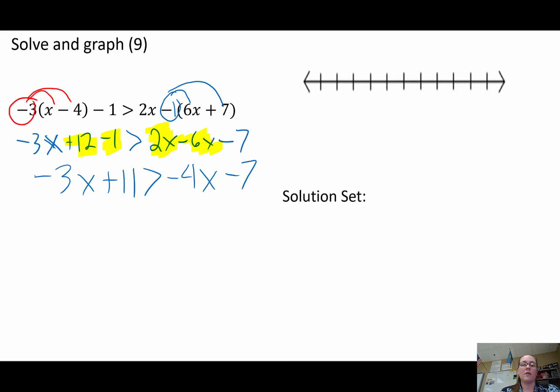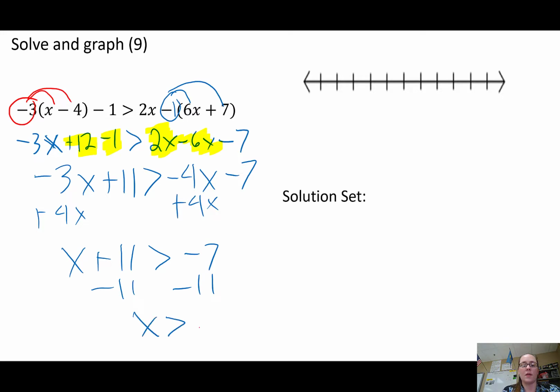Move my smallest variable over, so I'm going to add 4x, giving me x plus 11 is greater than negative 7, minus 11 on both sides, and I get x is greater than negative 18. Okay, so at negative 18 on my graph, I'm going to have an open circle. It's greater than, so I'm going to shade to the right.